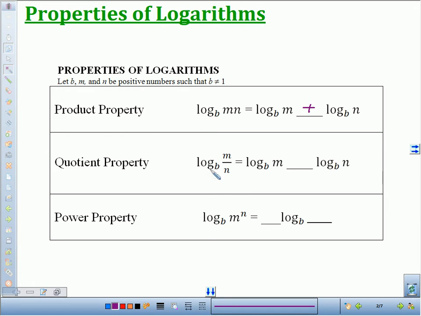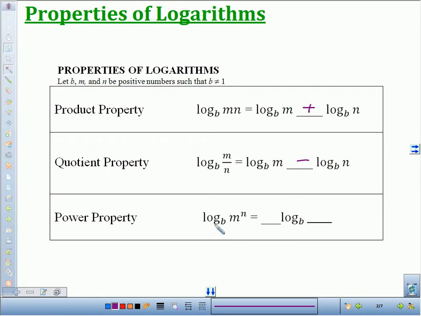The quotient property, again very similar to the exponent property, says that if I have log base b of m divided by n, I could rewrite that as log base b of m minus log base b of n. Again, related to the quotient property from exponents.